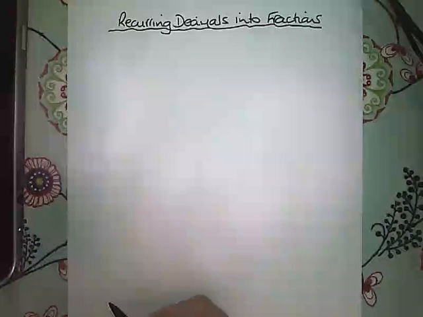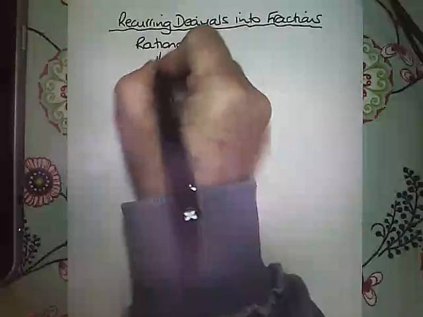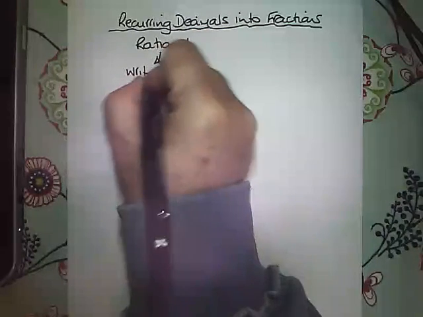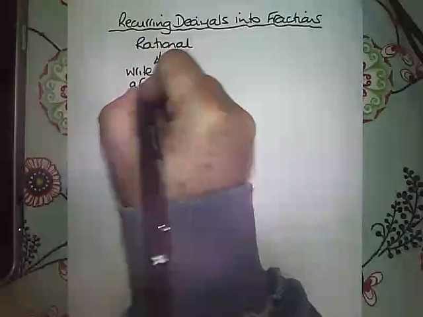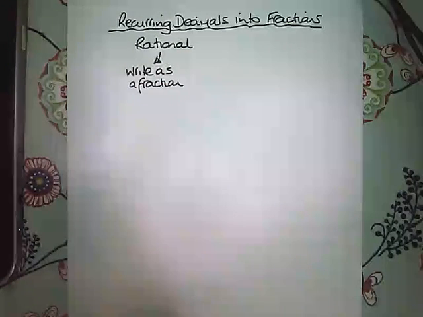Now there are two types of numbers in maths. There are rational numbers, and rational means that you can write it as a fraction. And that is most numbers. You can write most numbers as a fraction.